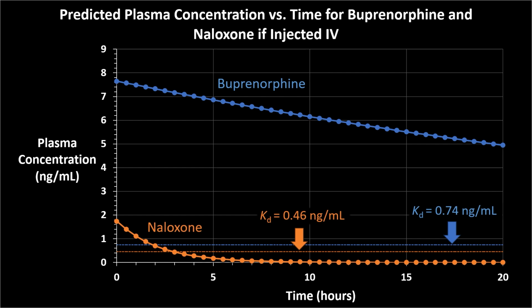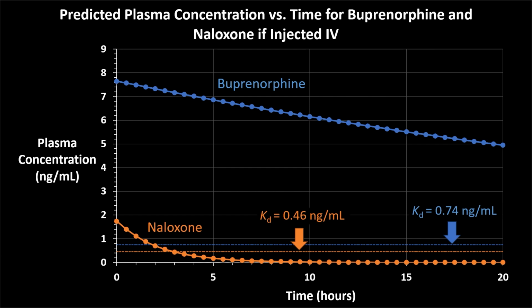And I didn't mention this, but the KD, not only is it a measure of affinity, but it specifically is defined as the concentration of the substance that binds to 50% of the receptors. So since we're well above that concentration, which is the blue dotted line here for buprenorphine, so the blood concentration is here. Since we're well above that, that means that we are well above 50% receptor binding.